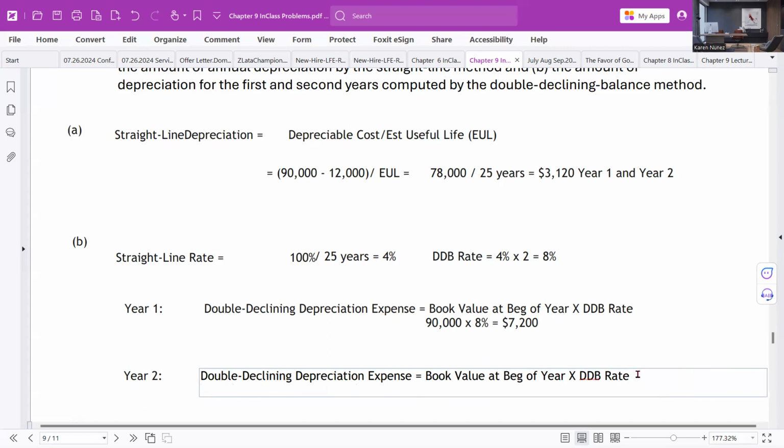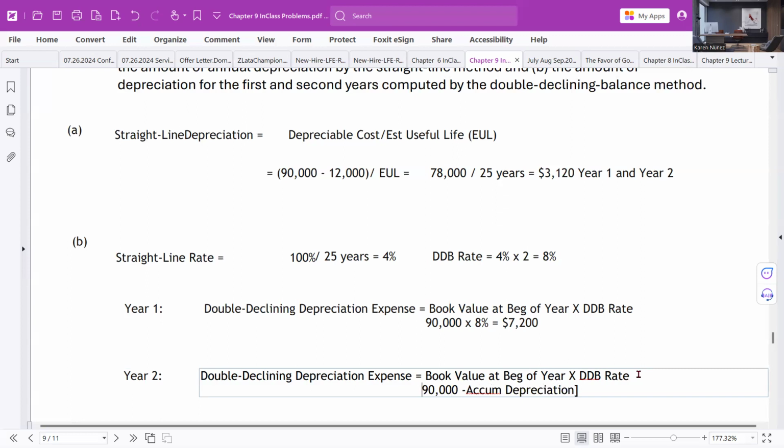Well, the book value is, in this case, in year 2, the 90,000 minus the accumulated depreciation. So 90,000 minus the accumulated depreciation. And I want to put brackets around this too, because that's the book value.